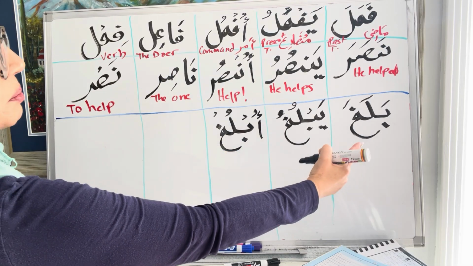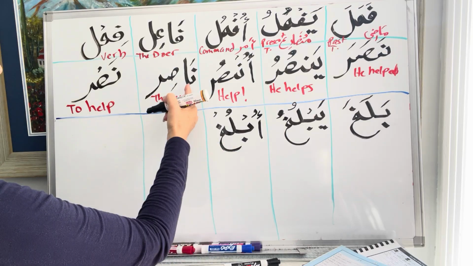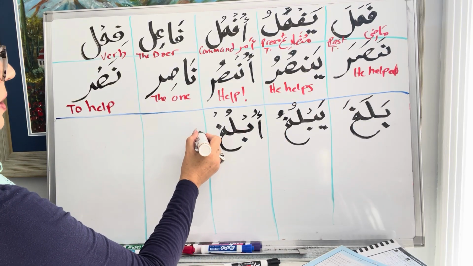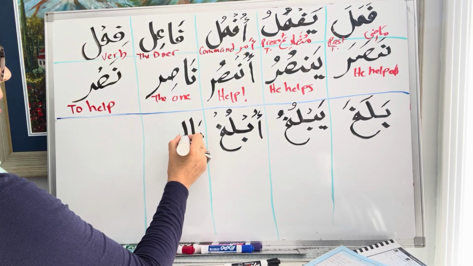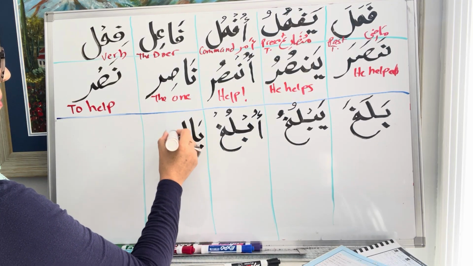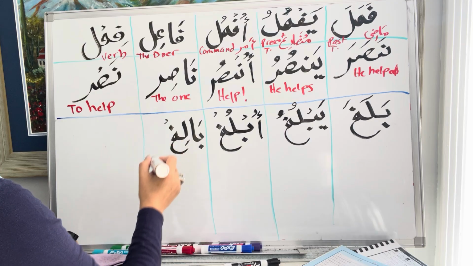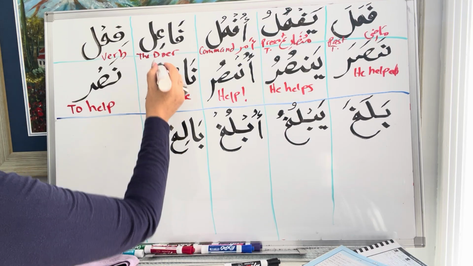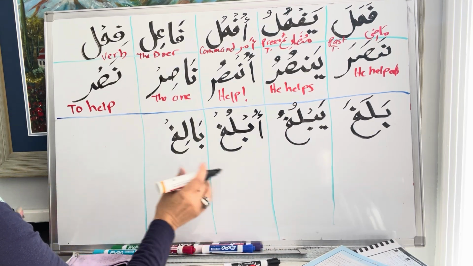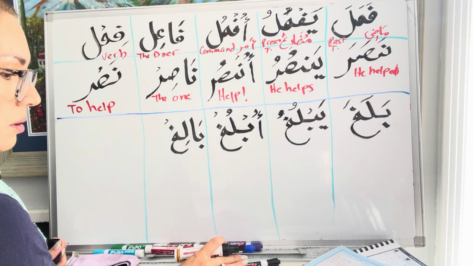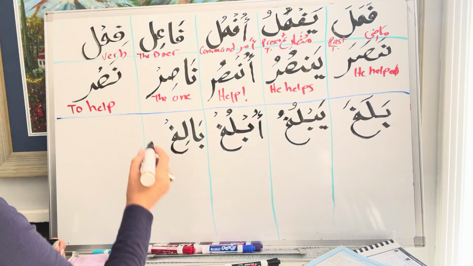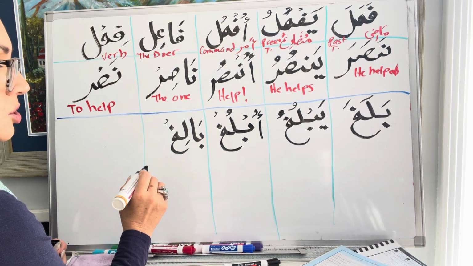So our root letters are ba, lam, and ghain. So we have to add an alif to the ba. Baligh. And then we have the actual, so in this case, it changes a little bit.